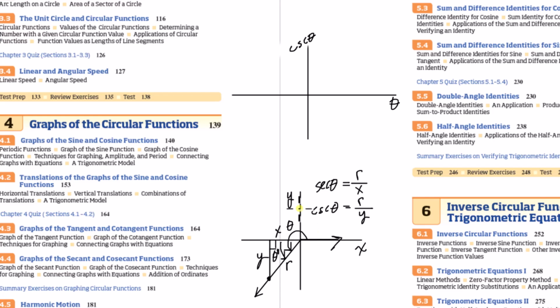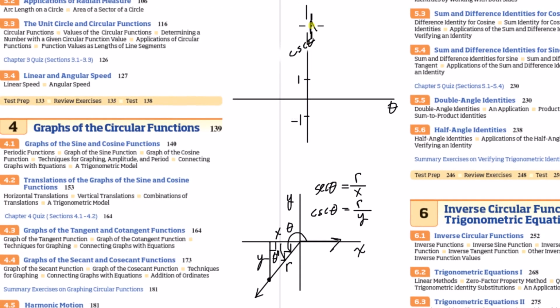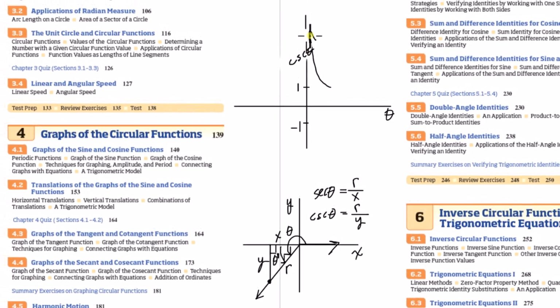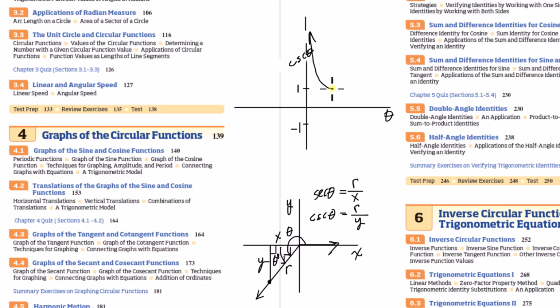When theta goes towards pi over 2 from 0, that would be positive infinity, I'm thinking, right? Because it's positive r divided by positive y when theta is greater than 0. So, yeah, here's 1. It's going to be like this. And so we expect it to do that. It's going to be the same behavior.